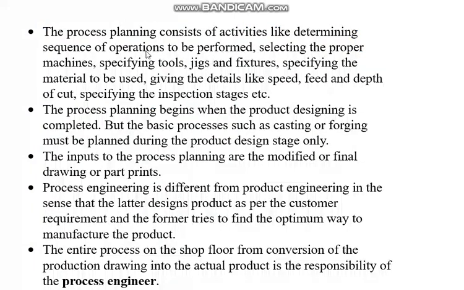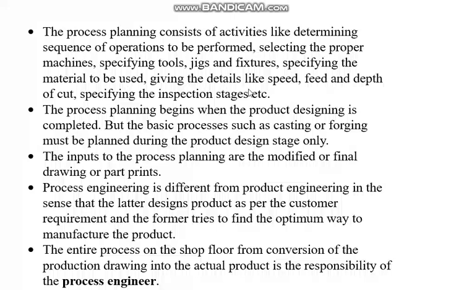This we have seen before. Then selecting the proper machines. This also we have seen. Then specifying the tools, which of the tools you are going to use, with specification of jigs and fixtures. All these things also come under process engineering or process planning. Specifying the material to be used, which material you are going to use for it.